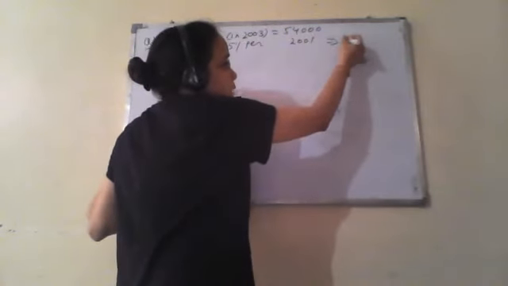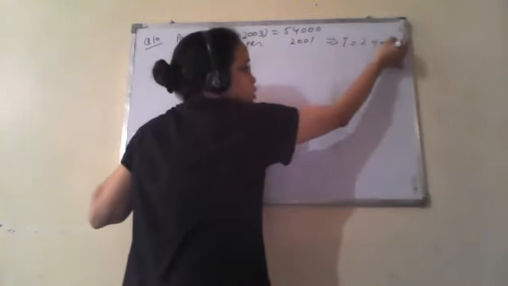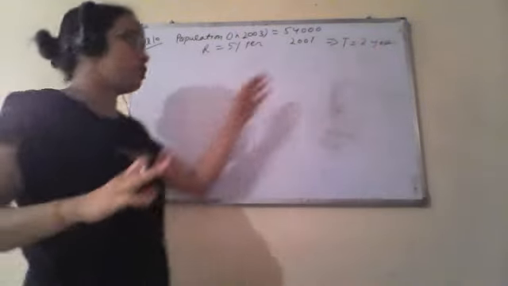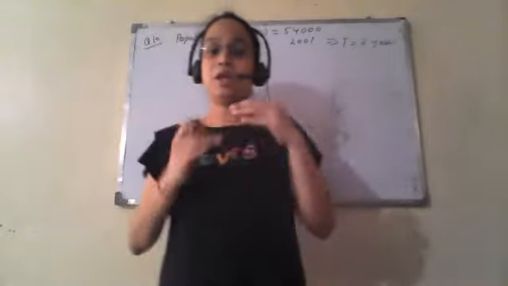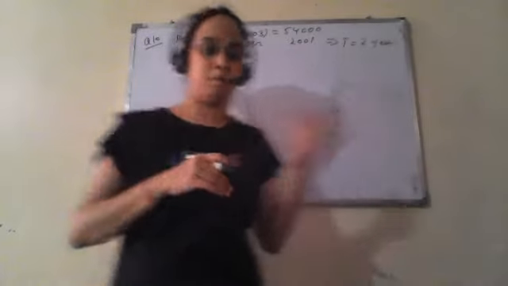So what will be the time period? It will be 2 years. We have been given the 2003 population, and we are asked for the population of 2001. So we have to find the initial value. What was the initial population?